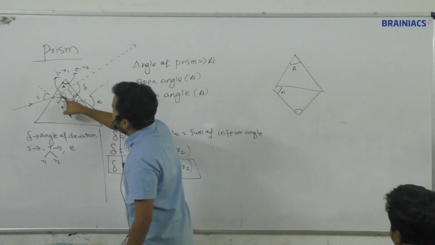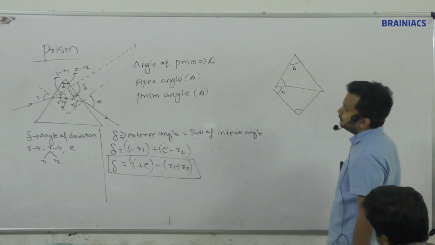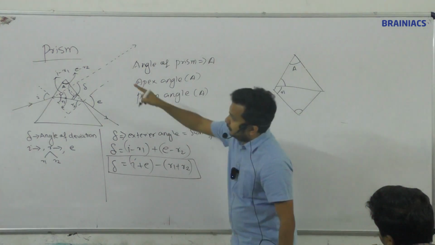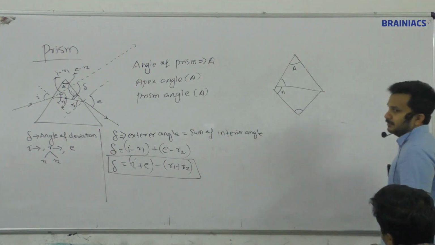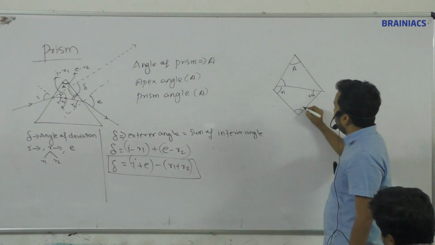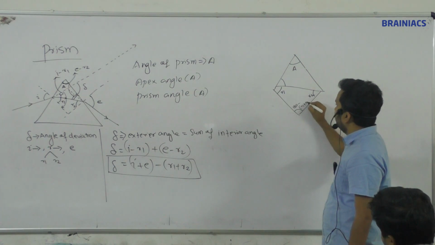This angle is I minus R1. And this total angle is R2, so the total angle is 180 minus (R1 plus R2).